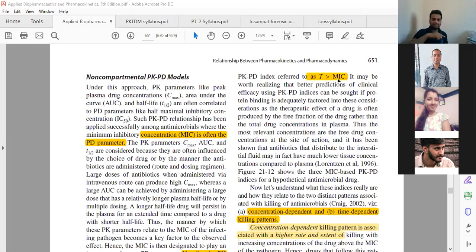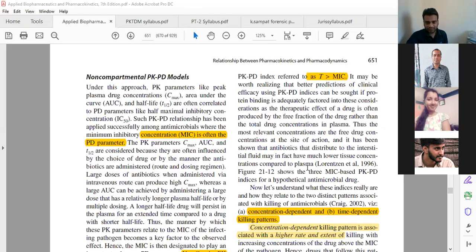You have a curve, you have the MIC, and the concentration remains over the MIC. For what period of time does this concentration remain over the MIC? Let's say 1 hour or 2 hours. That is represented by T greater than MIC.